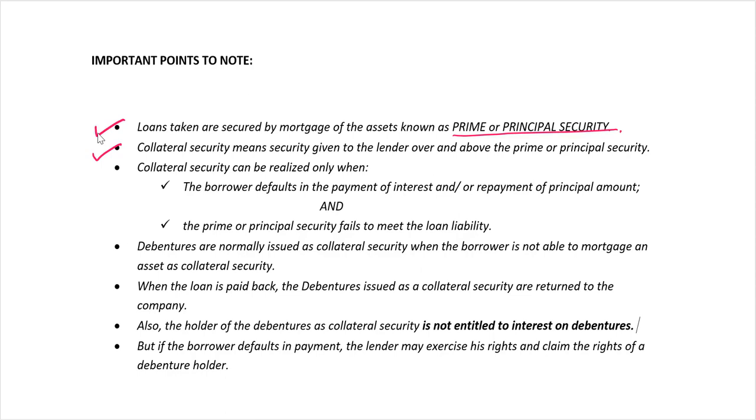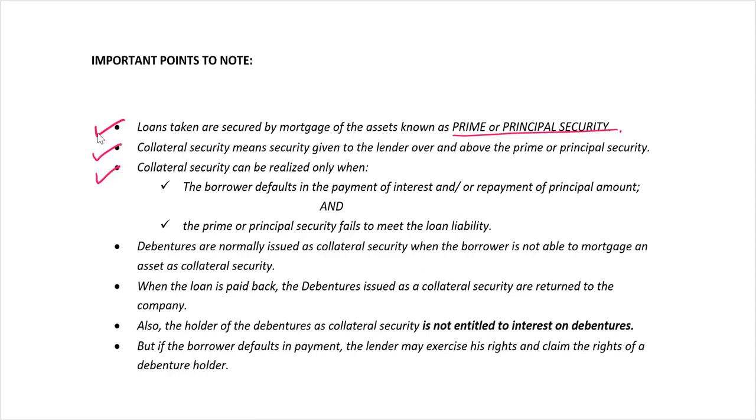That is, apart from the prime or the principal security, where any other security is given, then it is called collateral security. Collateral security can be realized by the lender only when both these conditions are fulfilled.